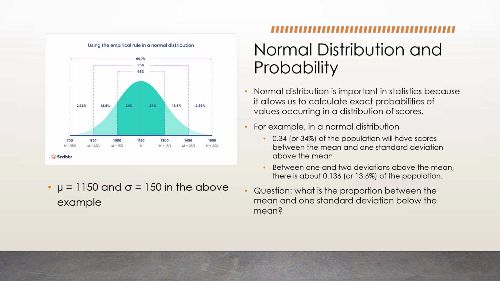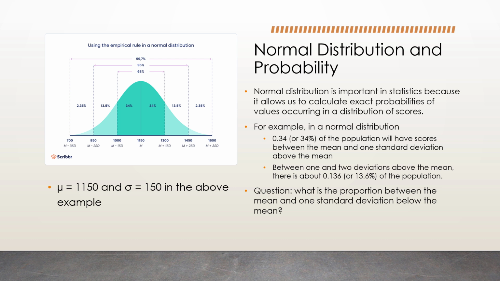The definition of a normal distribution gives us the ability to calculate exact probabilities of values occurring in the distribution of scores. For example, the probability of getting scores below z equals 0 is 0.50, and the probability of getting scores below z equals 1 is 0.84.